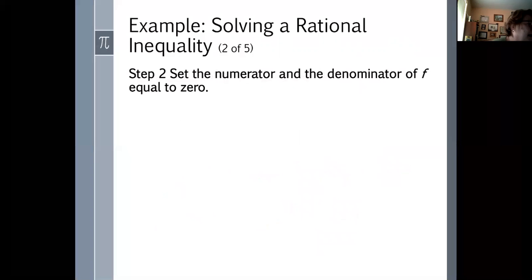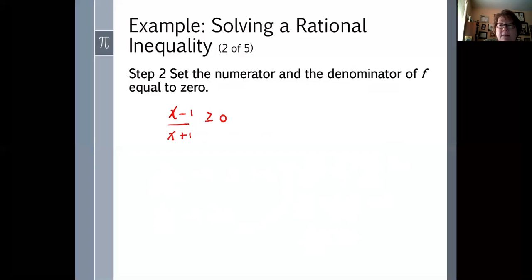All right, so to find the boundary points in a rational inequality, I'm going to set the numerator equal to 0, and I'm going to set the denominator equal to 0, and that will give me the boundary points. Boundary points in a rational inequality are either x-intercepts or vertical asymptotes. To find the x-intercept, you set the numerator equal to 0.